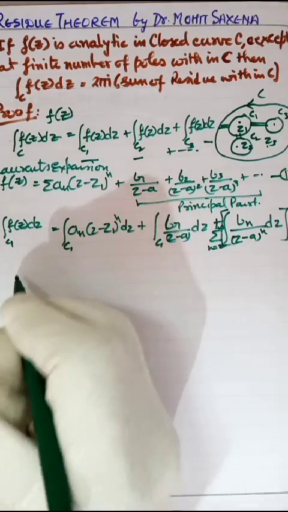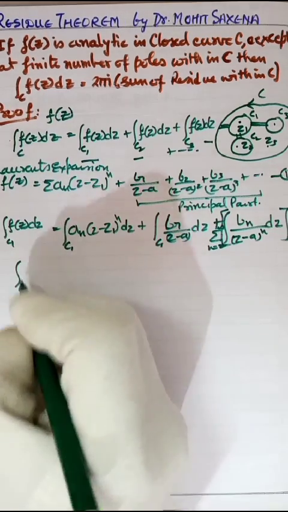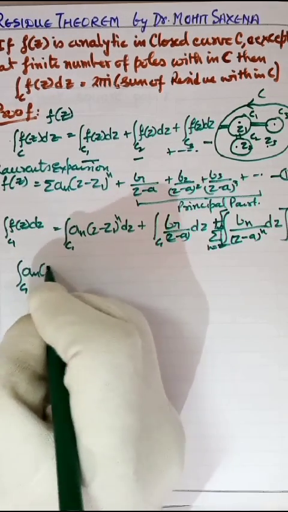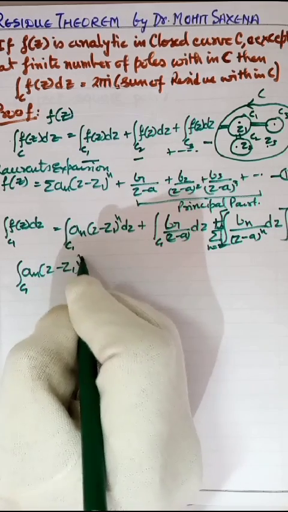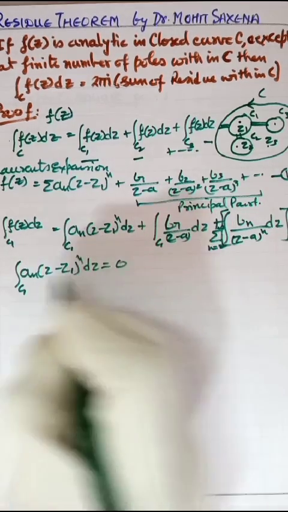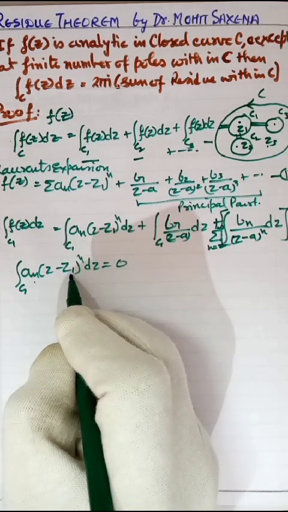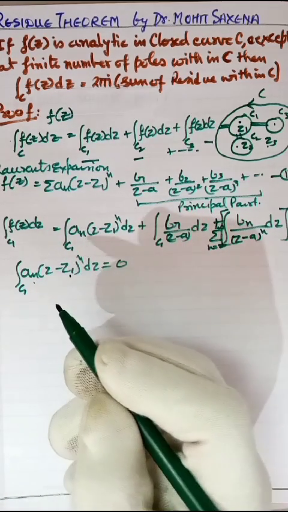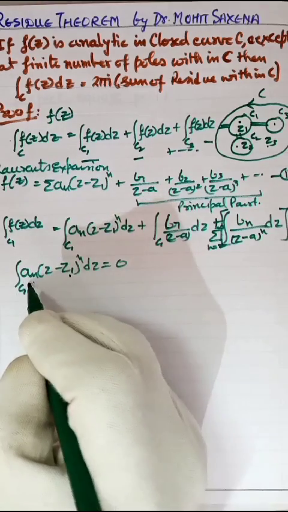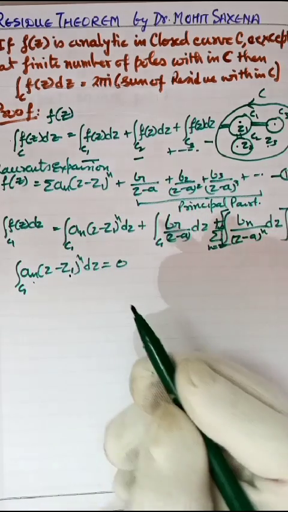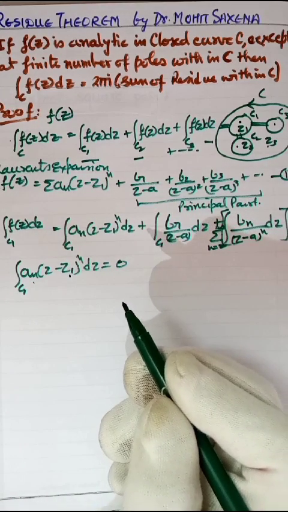Now by Cauchy theorem we know that the integral over C1 of a_n (z minus z1) to the power n dz is equal to 0, because for this function it is analytic over there. So by Cauchy theorem this integral is equal to 0.